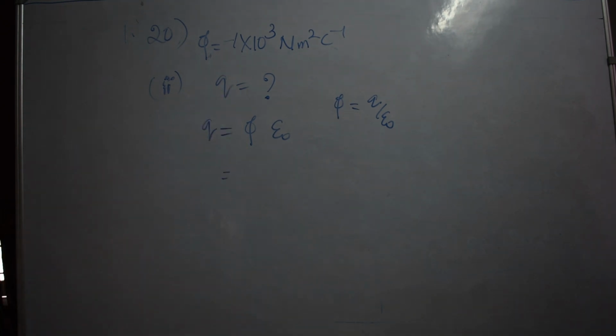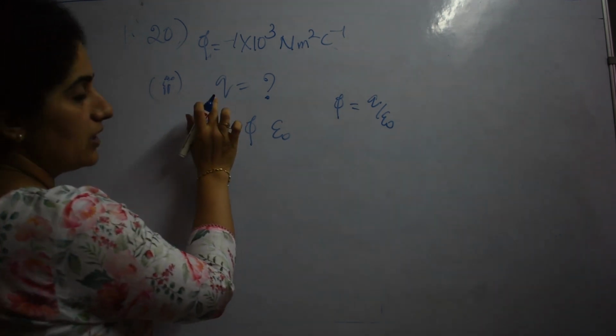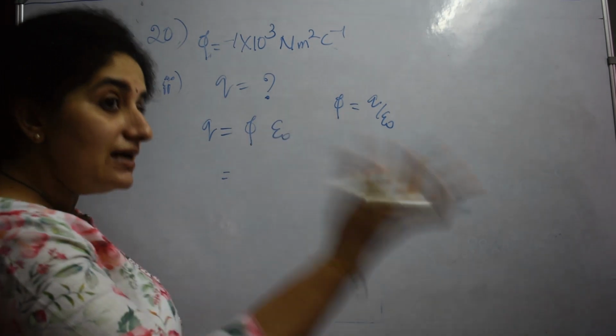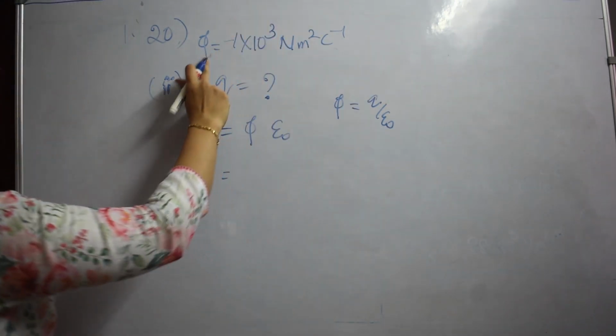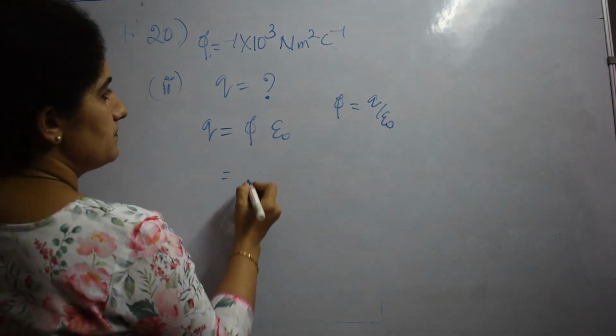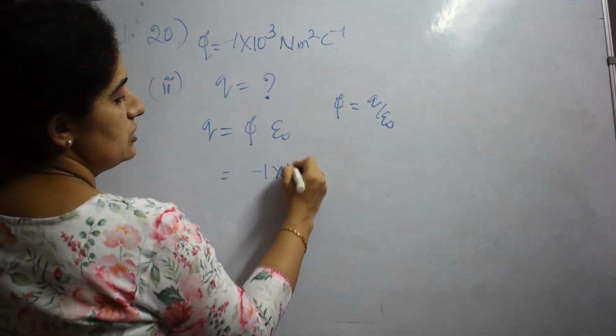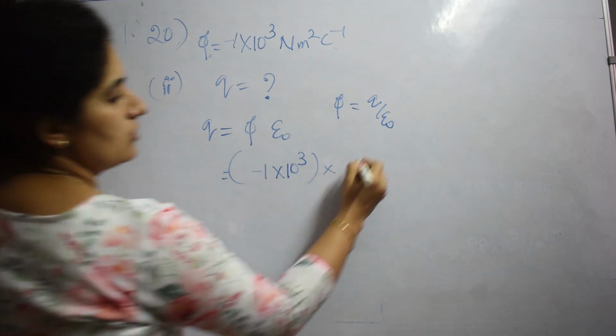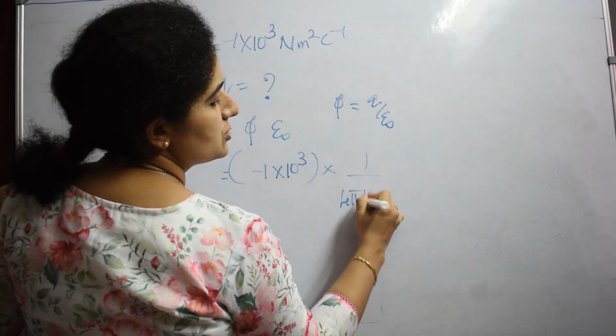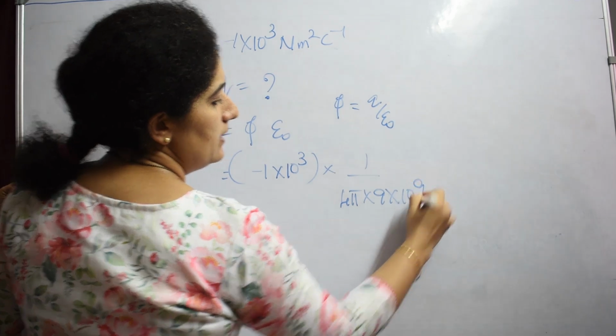Minus 1 into 10 to the power 3, and substitute the value of epsilon naught. Minus is very important here because you are finding out the value of Q and you have the direction of electric field, correct? From there you have the flux also. So phi is minus 1 into 10 to the power 3 into epsilon naught, which will now be 4 pi into 9 into 10 to the power 9.